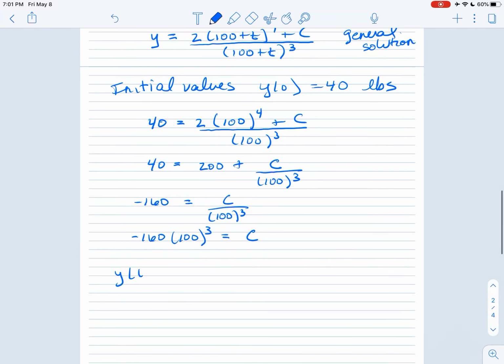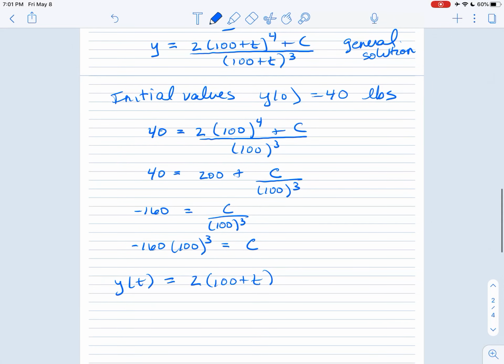So my final particular solution, my y of t, is going to be 2 times 100 plus t to the 4th power minus 160 times 100 cubed, which is a pretty big number. I'll just leave it in that form, over 100 plus t cubed.